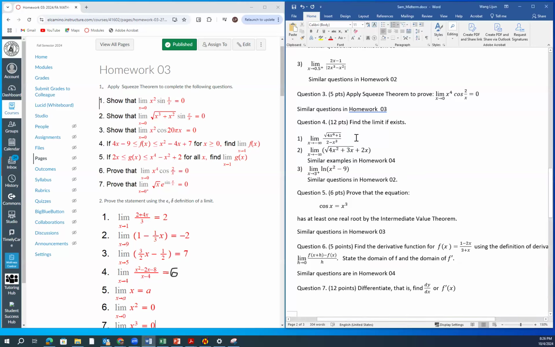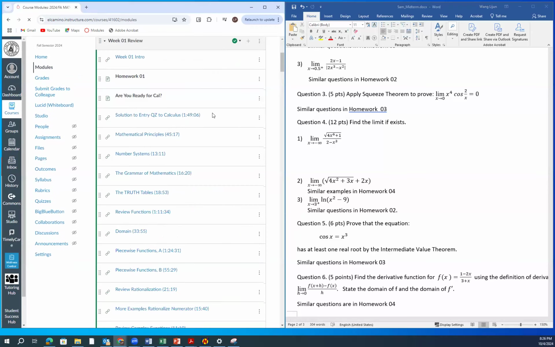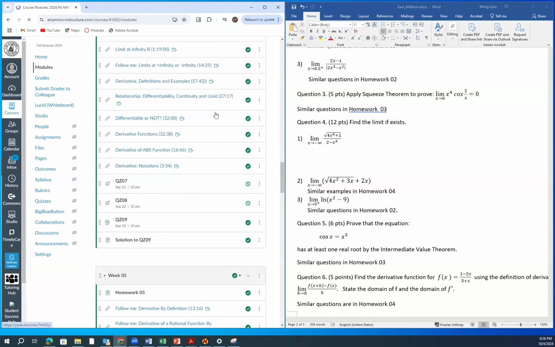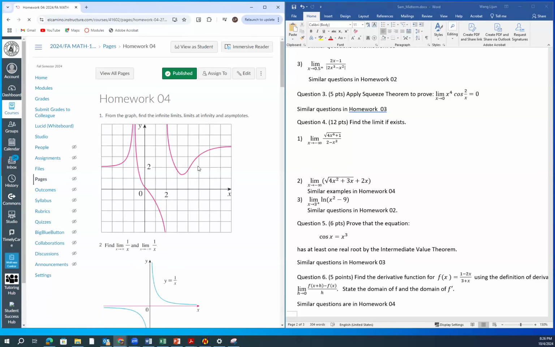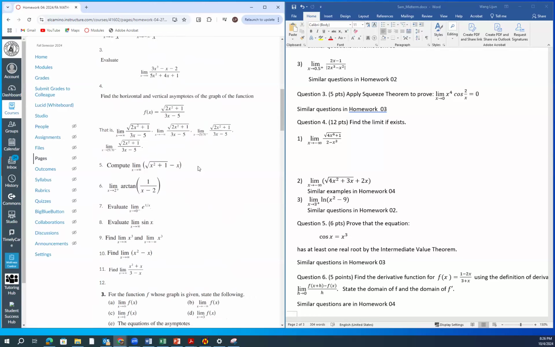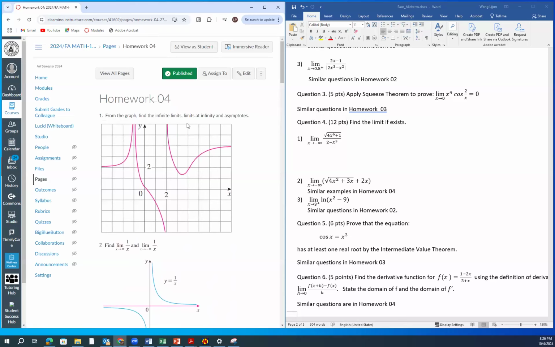The first one, similar questions you're going to see in homework number 4. Okay, these are related to limit at infinity.